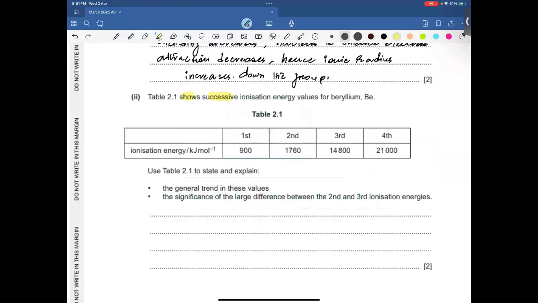Table 2.1 shows successive ionization energy values for beryllium. Use table 2.1 to state and explain the general trend in these values, and the significance of the large difference between second and third ionization energy.